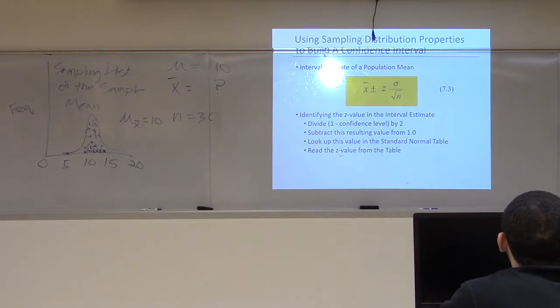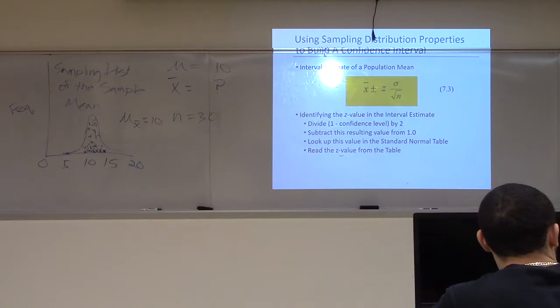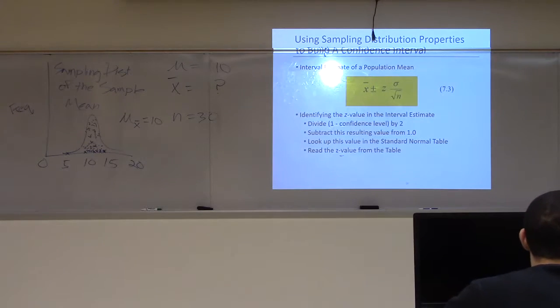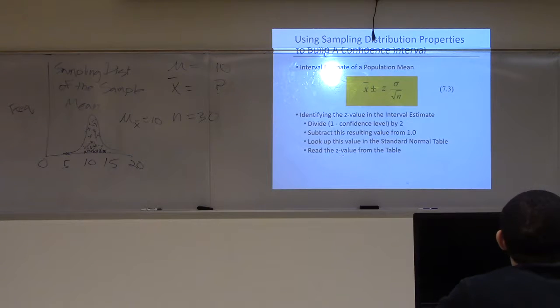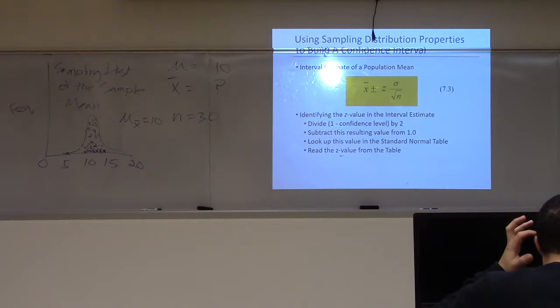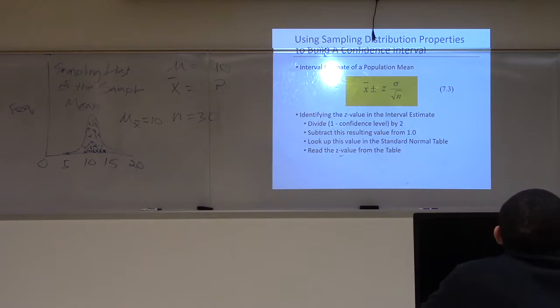Well, let's think about it. This is my sampling distribution of the sample mean. If I'm 95% confident that the interval is going to contain the true mean, what's the chance of me making a mistake, of it not containing the true mean? I'm 95% confident that it does contain the true population mean, so it'll be 5% off.